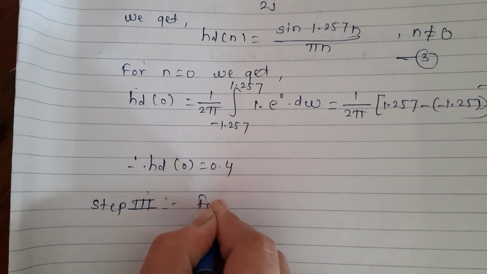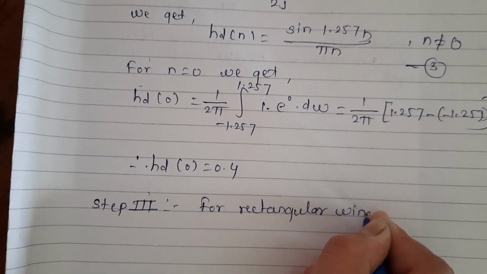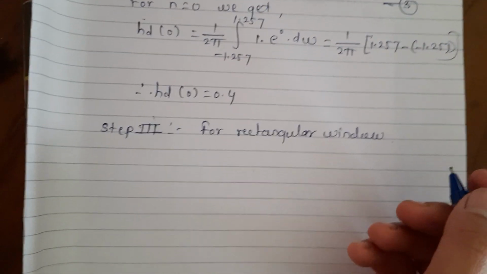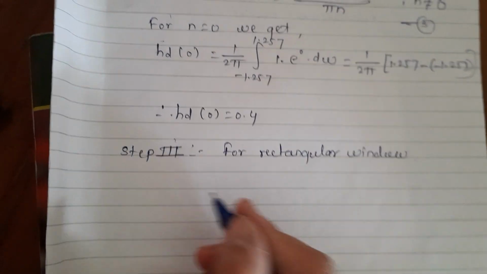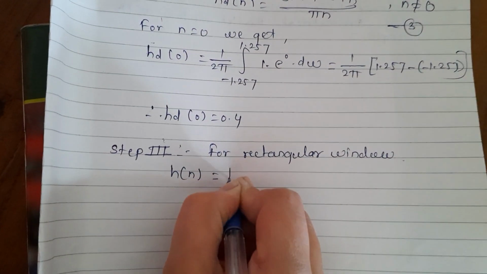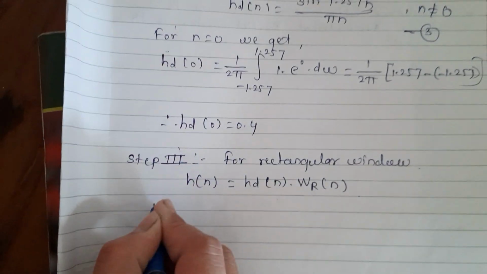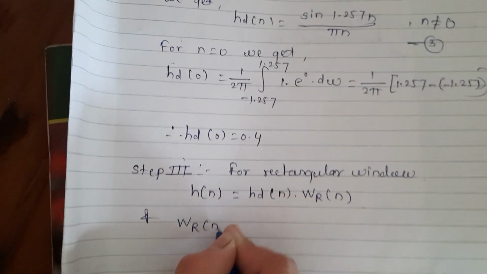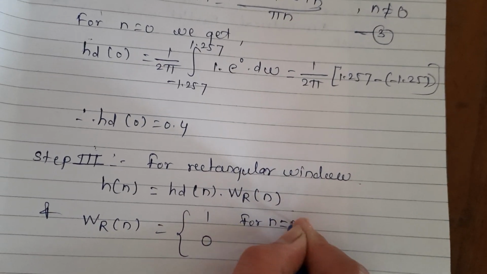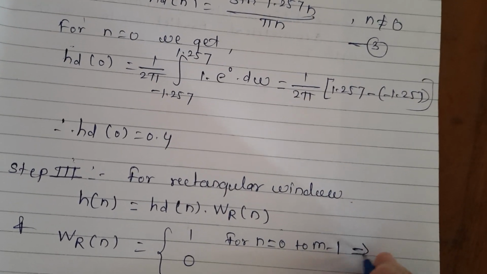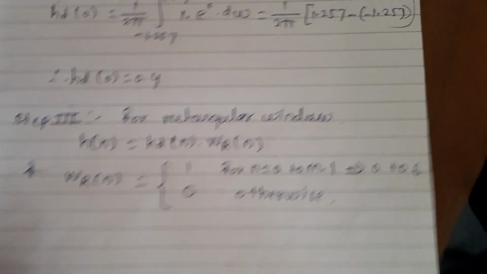For rectangular window, h of n is equal to hd of n into wr of n, and wr of n is equal to 1 for n is equal to 0 to M minus 1, that is 0 to 6, and 0 for other values other than 0 to 6.